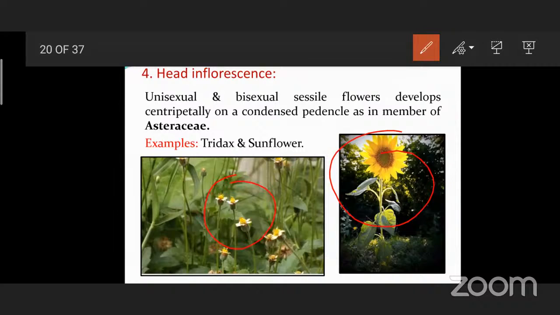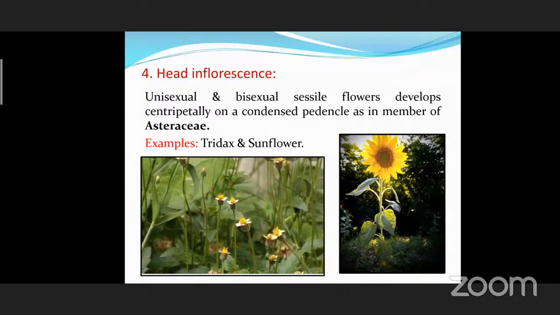See here, this is Tridax, condensed peduncle. These flowers are borne centripetally on the condensed peduncle. These are unisexual or bisexual sessile flowers. This is the head inflorescence. Asteraceae family members are also examples.